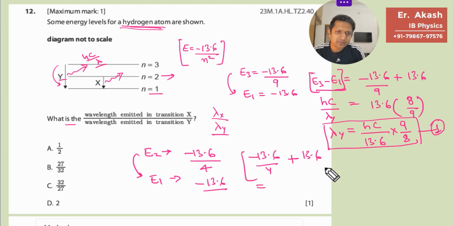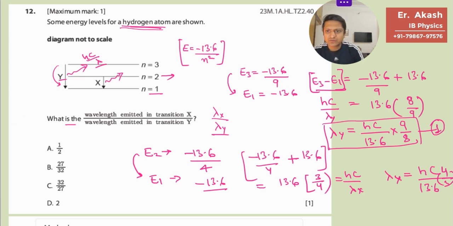When I calculate them, having common 13.6, it will become 3 by 4, and this will be equal to hc by lambda of X, because now we are talking about X. So lambda X will go up, and that will come into the denominator. So hc by 13.6, and this is 4 by 3. I'll just rub all this.